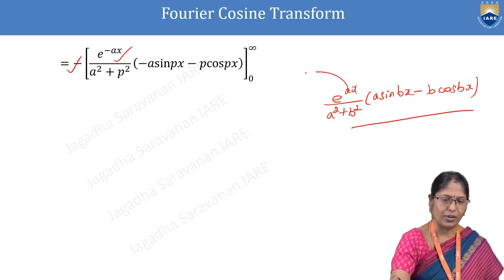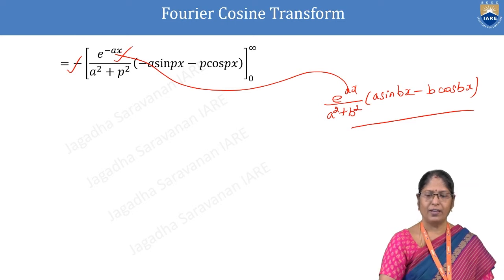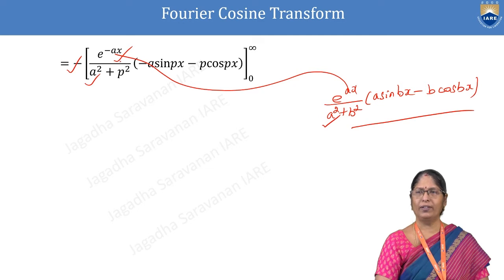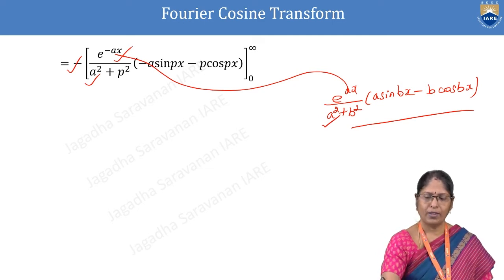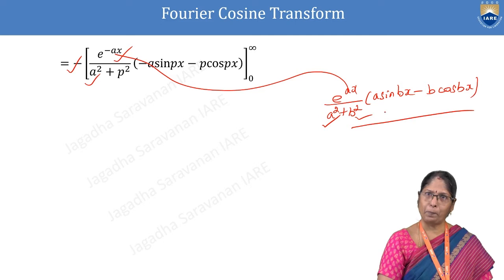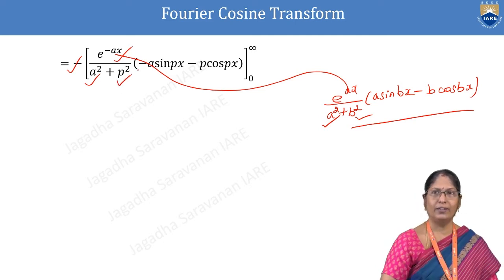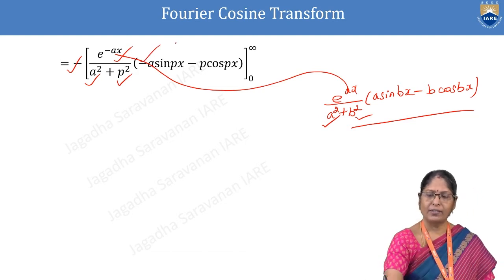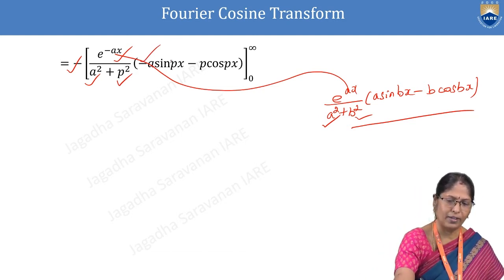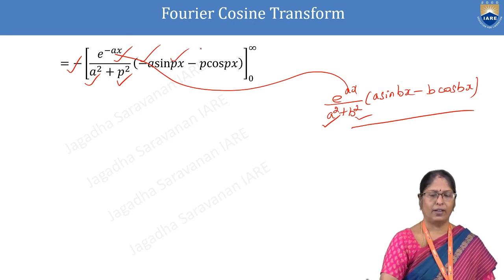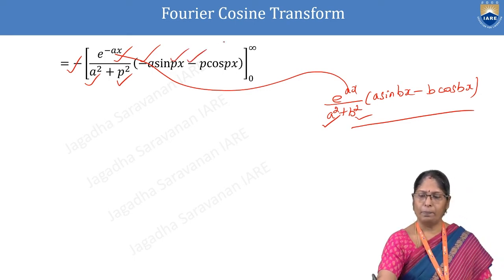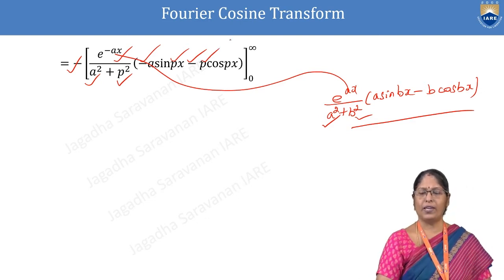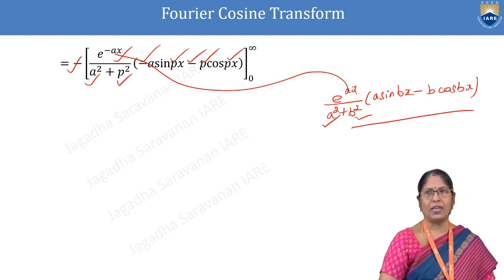So a is replaced by minus a, and the whole square, minus a the whole square, is nothing but a square. Our b is nothing but p, so p square. a is replaced by minus a, sin bx is sin px, minus b, b is nothing but p, cos bx, so cos px.